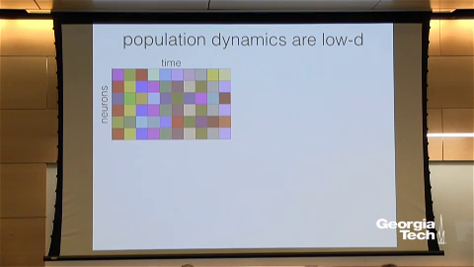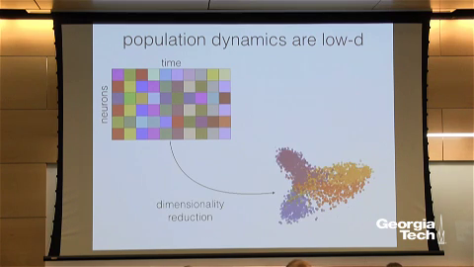One of the interesting observations that people have found is that if you apply different types of dimensionality reduction techniques, which I'll go into details very soon, so these neurons live in this high dimensional space, but you can project them down to a lower dimensional space where the structure of the stimulus or the structure of the task that these neurons are carrying out has some really nice and ordered structure in this low dimensional space.